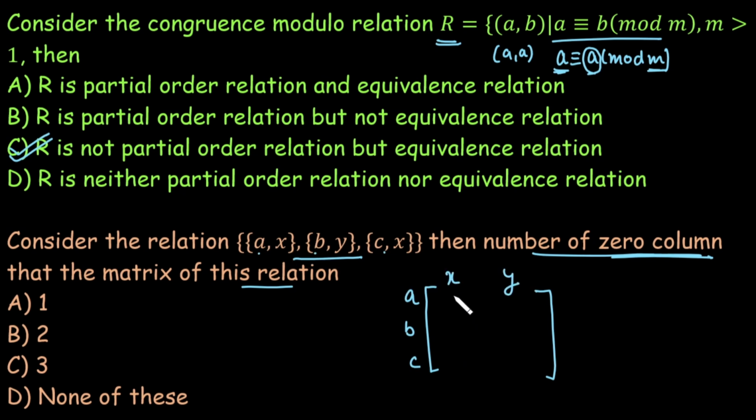A is related with x, 1. B is related with y, 1. C is related with x, 1. Now we need to find the number of 0 columns. It's not asking for the total number of 0s in this matrix; it says 0 columns. So there exists no 0 column in this case, so the answer is option D.